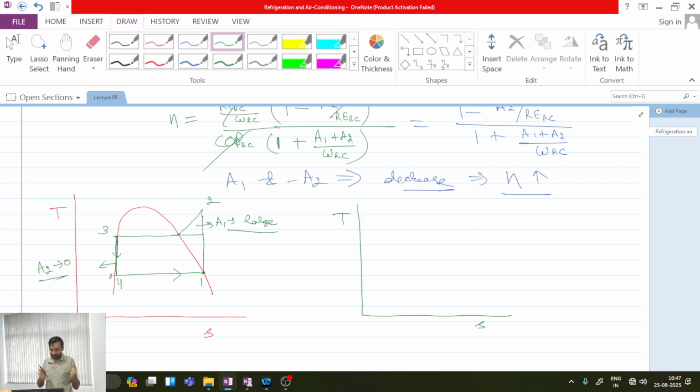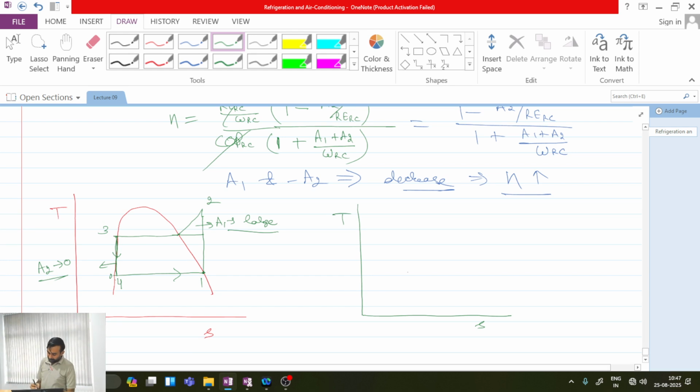Even water is also used as a refrigerating medium. Depending upon the nature of the substances, the shape of the liquid vapor dome is different for different substances. Which refrigerants come under which category of shape, we will discuss later, or you can read from the textbook as well.